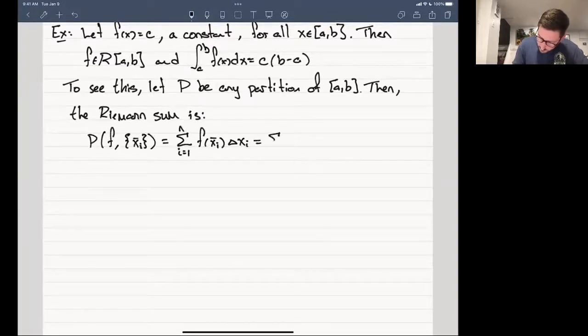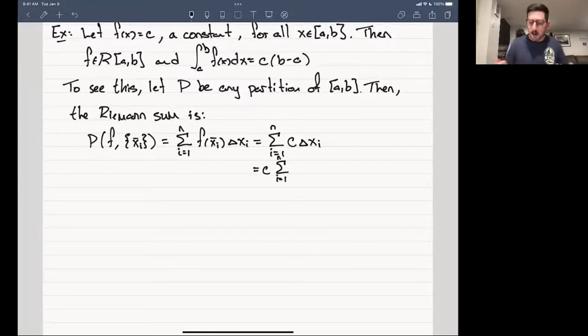But f is always returning the same number, c times delta xi, which gives me, I can pull this c outside here, and I get this little summation, and I can unpack my delta xi's, so that this becomes xi minus xi minus 1. This is a telescoping series.